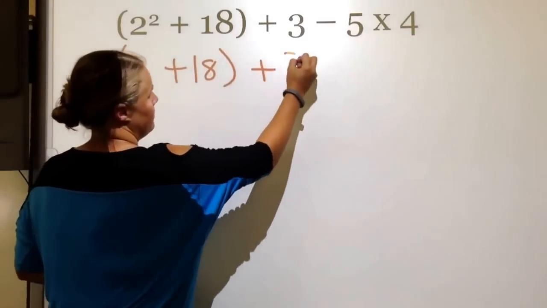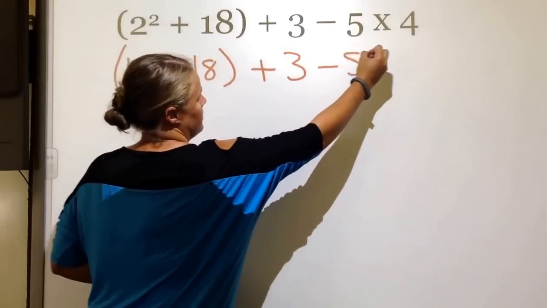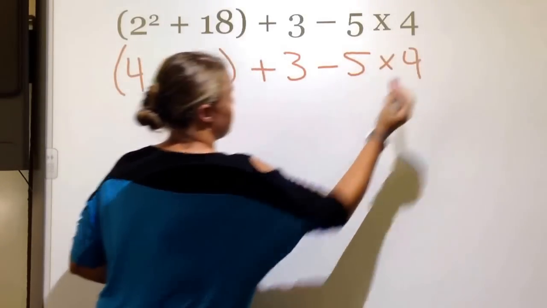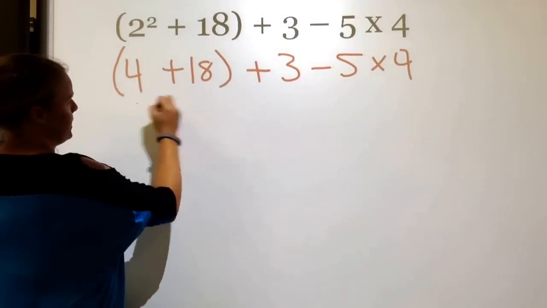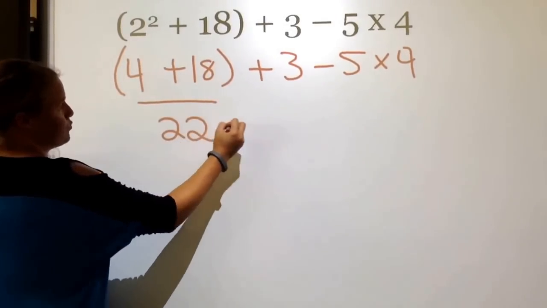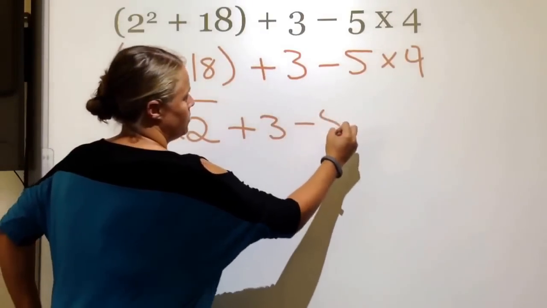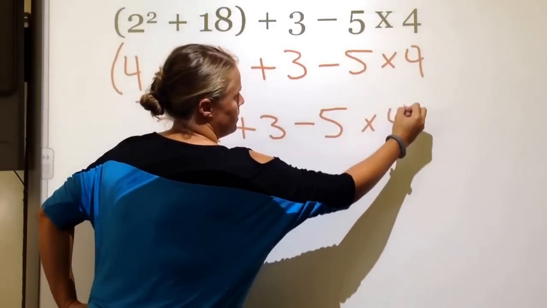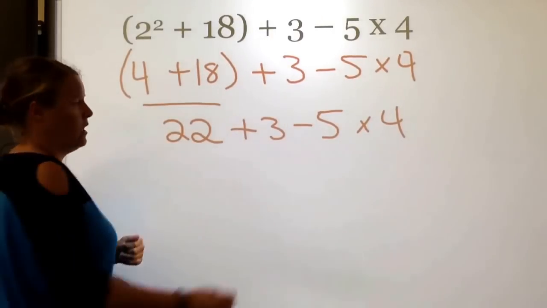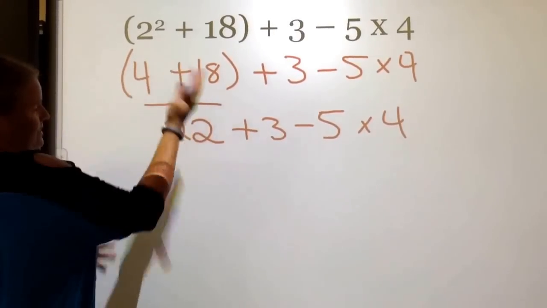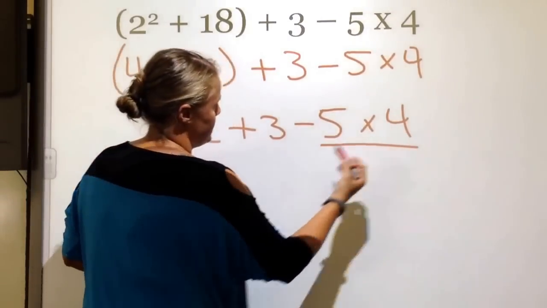Bring the problem down. And then in my grouping, 18 plus 4 is 22. Bring the rest of my problem down. Now my grouping is gone. Sorry, my exponents are gone. So I now can multiply and divide.